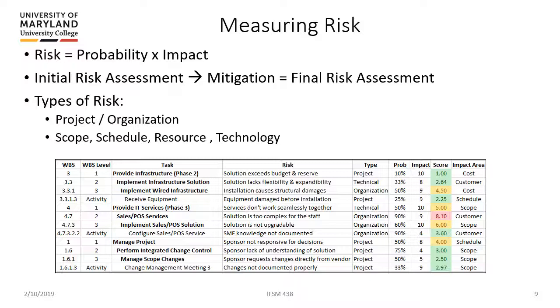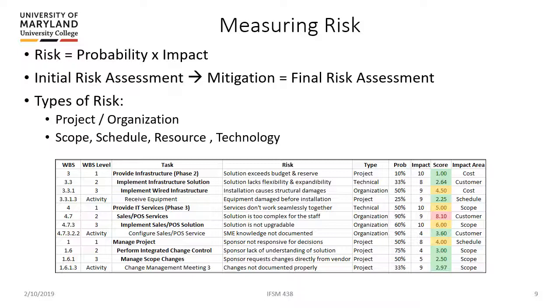So you have whatever the particular task is, the risk that you've determined for that task, and then the type of risk. You can have a risk to the project, or a risk to the organization. A risk to the project is something that's going to affect the scope, the time, or it's going to cost you more money.